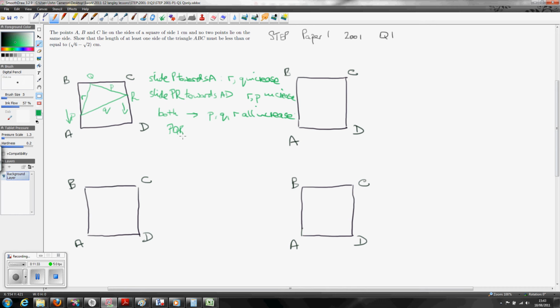That is, it wasn't the triangle whose shortest side was as long as it could be, because if we go through this little procedure here that I've just described, you can make every side bigger. So we have a contradiction, and that's what we call a reductio ad absurdum. That means that the triangle with the longest shortest side can't be like this. It must have one of the points coinciding with a corner, which we might as well make A.